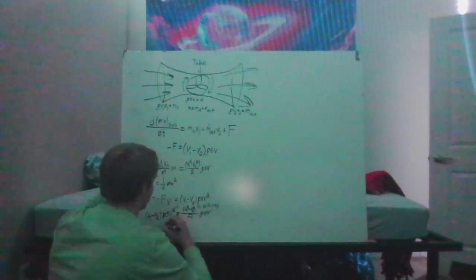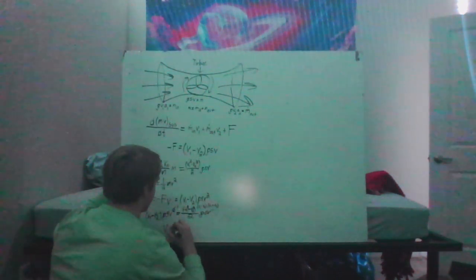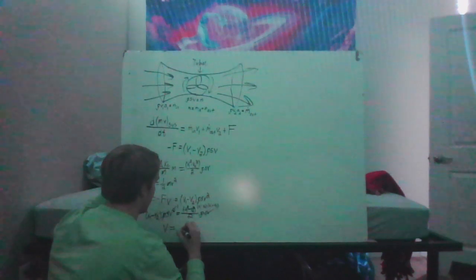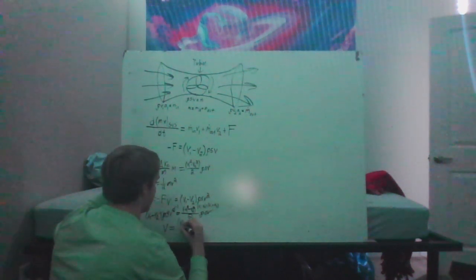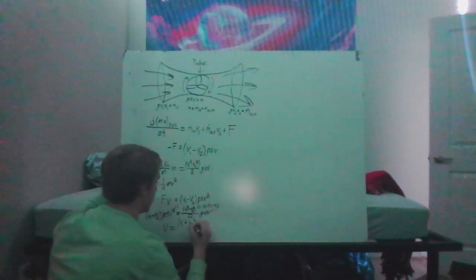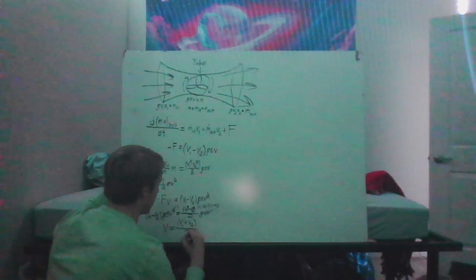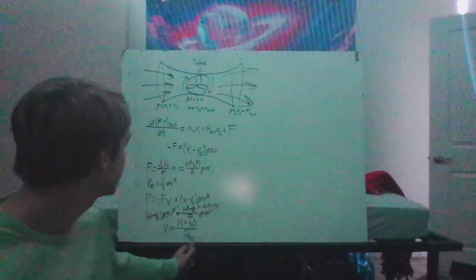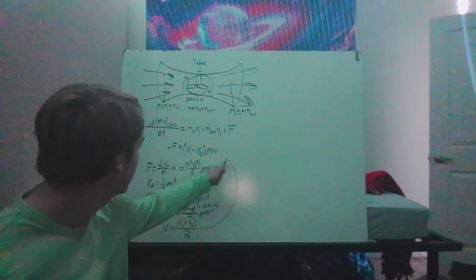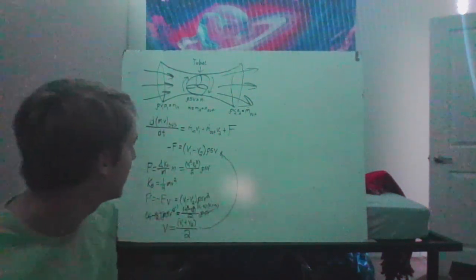So we'll end up getting a velocity equation where velocity equals v1 plus v2 over 2. So now what we can do is plug this velocity equation back in up here. I'm going to do that over here.